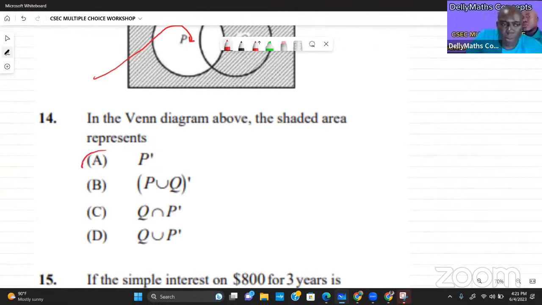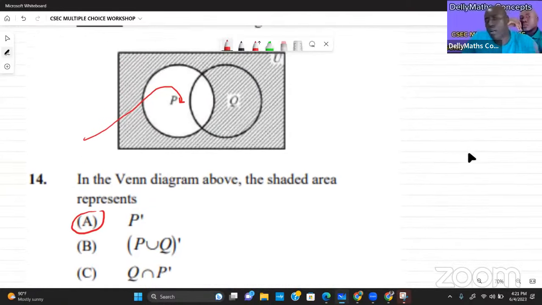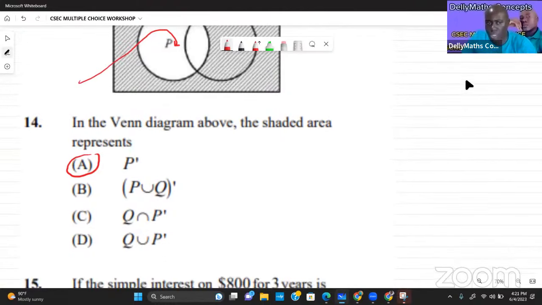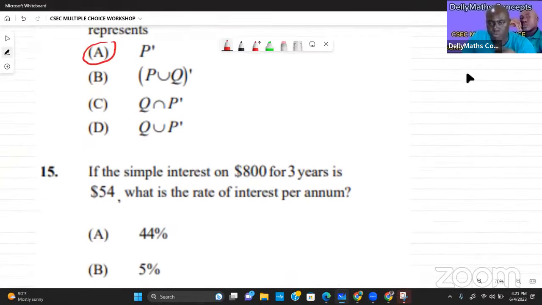So P complement is what is shaded. P complement is everything of that universal set except P. P is not shaded, so we're dealing with the complement of P.